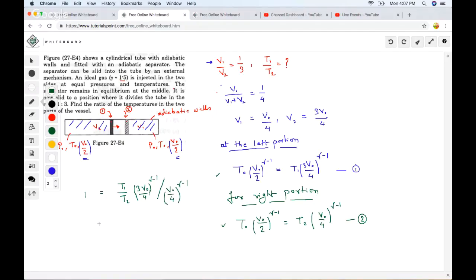Gamma is given as 1.5, so 1 will be equal to T1 by T2 into root 3. So T1 by T2 equals 1 by root 3. T1 is the temperature on the left side and T2 is the temperature on the right hand side. Like this, we can solve this particular question.